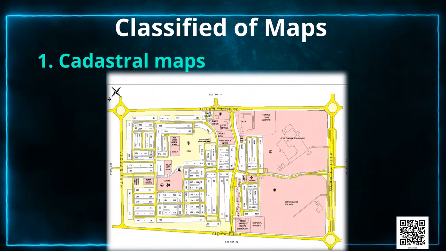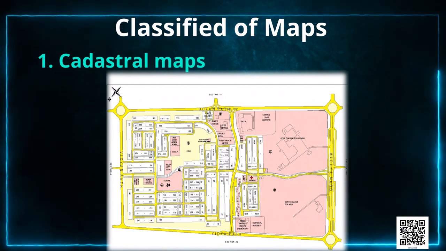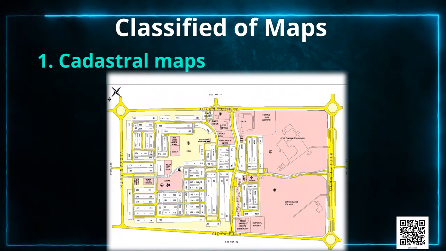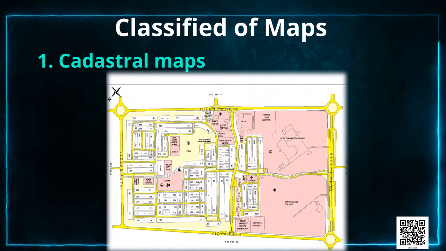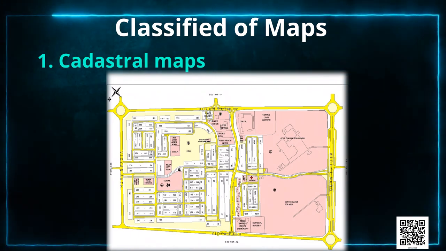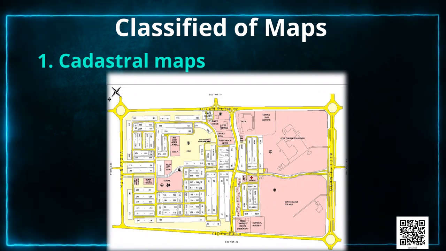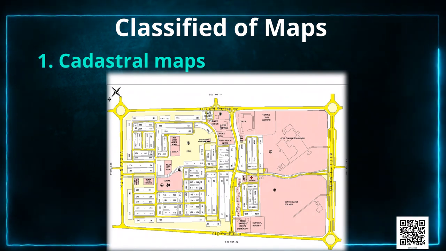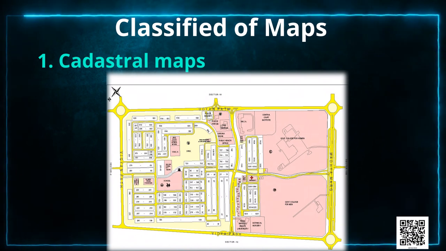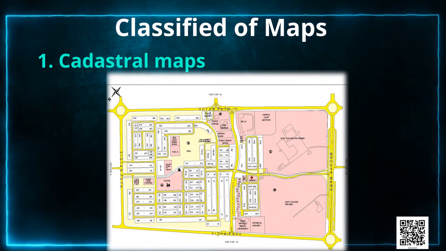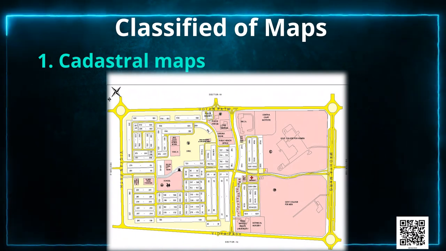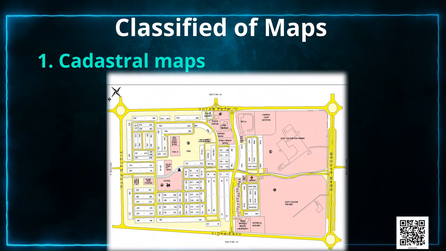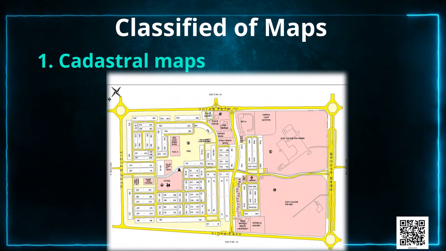Cadastral maps are drawn to show the ownership of landed property by demarcating field boundaries of agricultural land and the plan of individual houses in urban areas. These maps are prepared by the government agencies to realize revenue and taxes along with keeping a record of ownership.